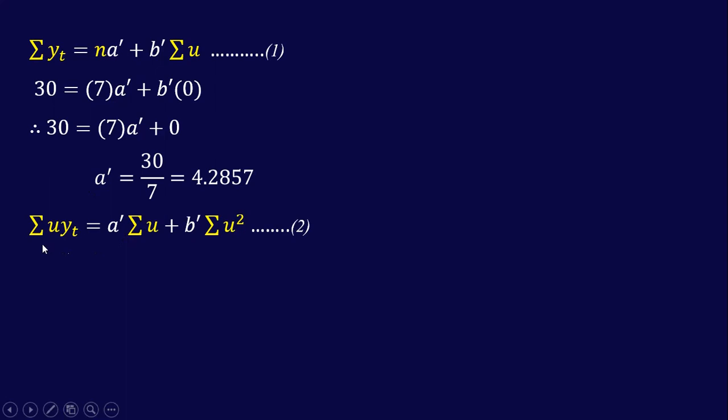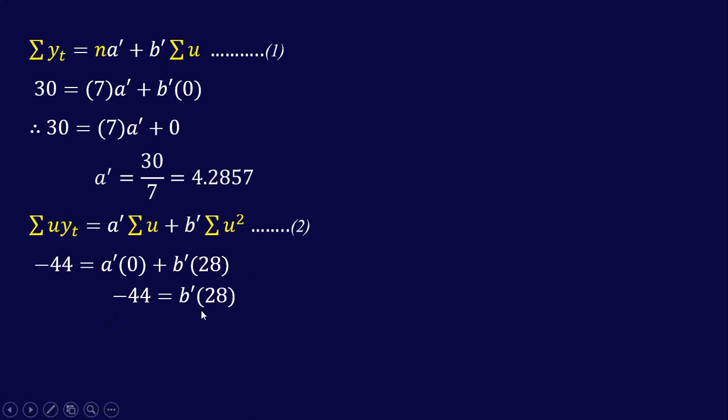Now the second normal equation, to get the value of b dash: summation uyt is equal to a dash into summation u plus b dash into summation u square. We substitute these values here. Summation uyt is minus 44, equal to a dash into summation u, here 0, plus b dash into summation u square, 28. So this term gets cancelled and we get the value of b dash equal to minus 44 upon 28.